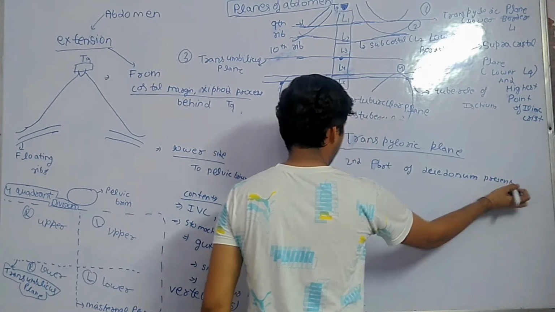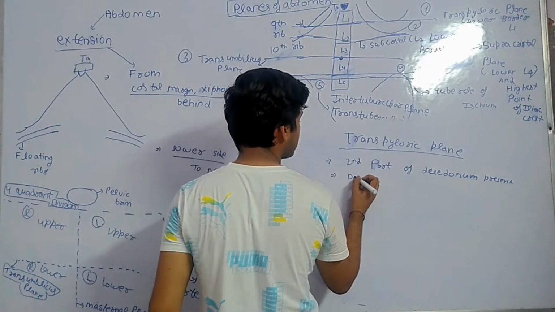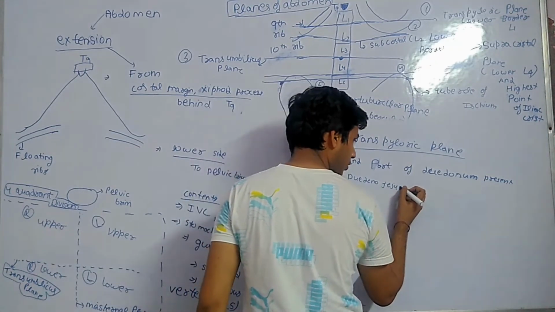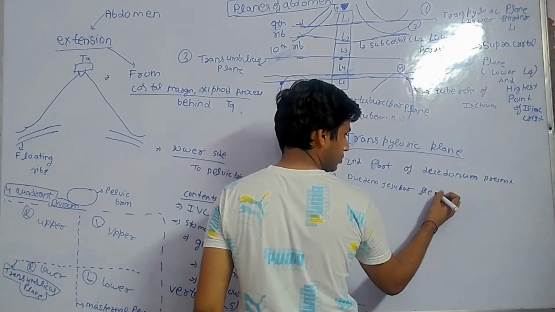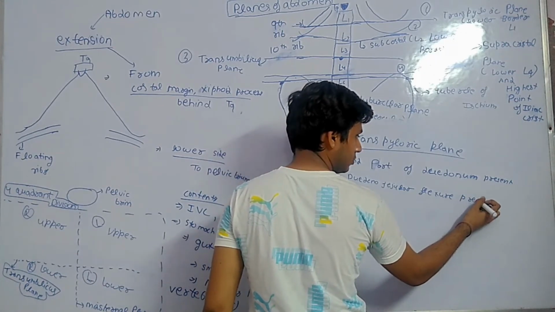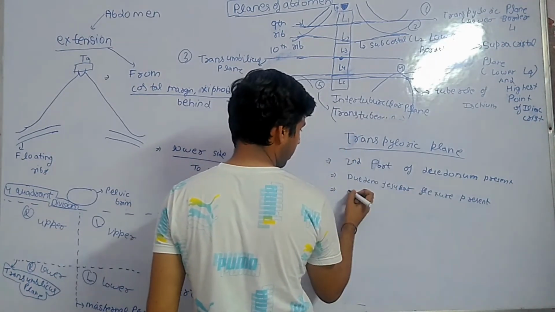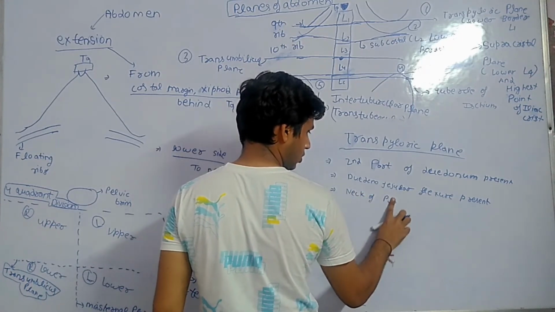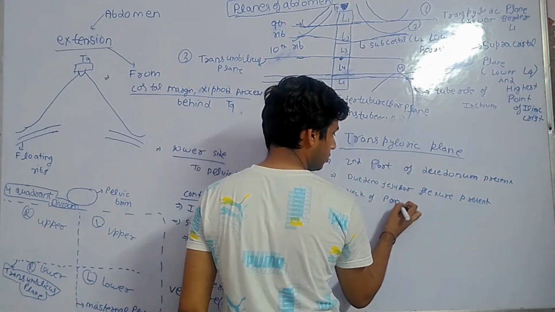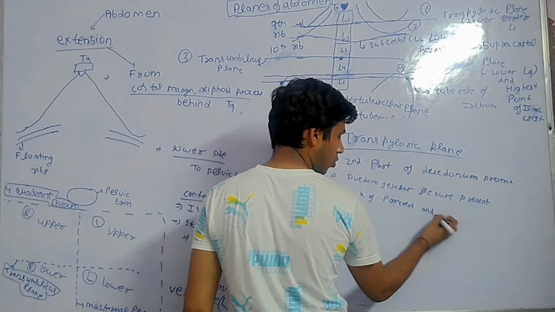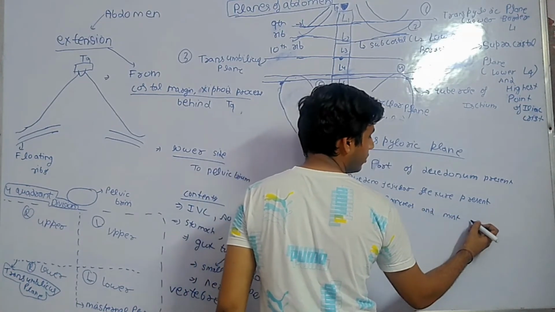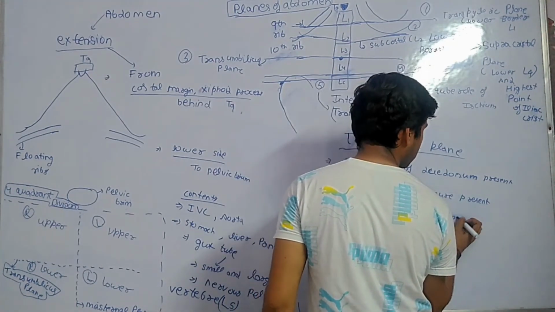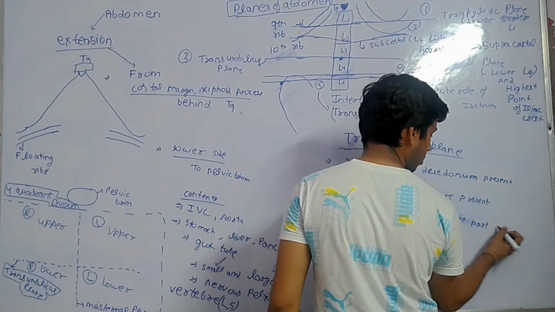The point where the duodenojejunal junction is present, the hepatic flexure present, the neck of the pancreas. Almost the whole body of pancreas is also present.